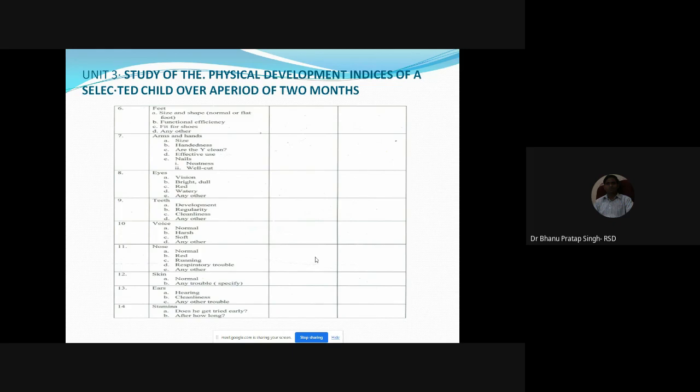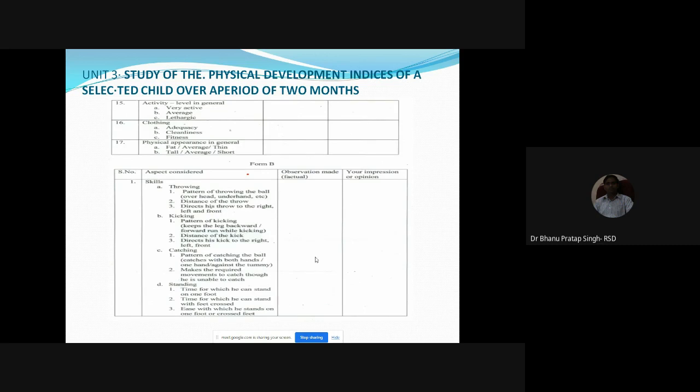Skin, whether the skin is normal or some specific skin disease is found by you, you have to write there. Ears, hearing and cleanliness and any other trouble. Stamina, does he or she get tired early, and if tired early, then how much time he or she takes for tiring.